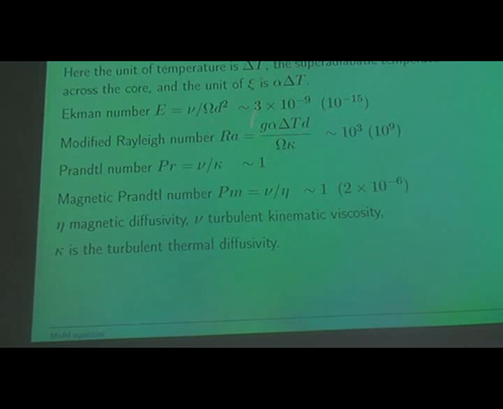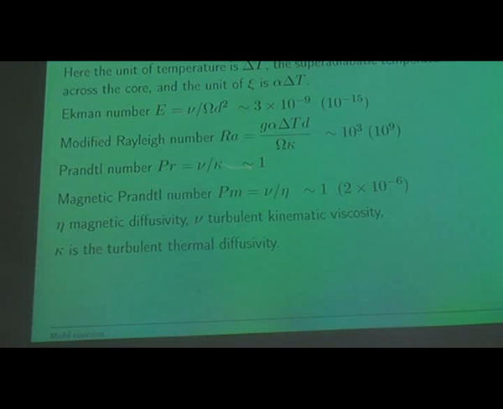3 times 10 to the minus 9 is the value that you might expect if you enhance the viscosity by a turbulent quantity. So this is based on a sort of turbulent diffusivity, and the idea of the turbulent diffusivity is we're going to take all the diffusivities to be order 1, as there. Now that's because that's really all you can do in the dynamo models.